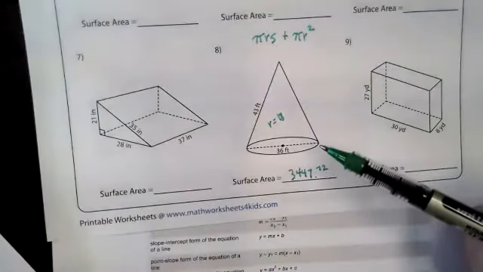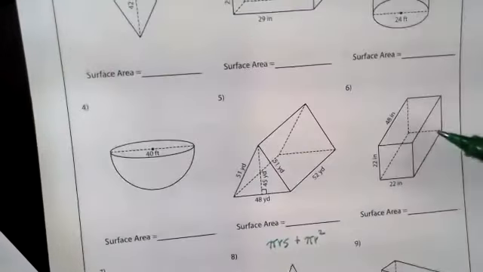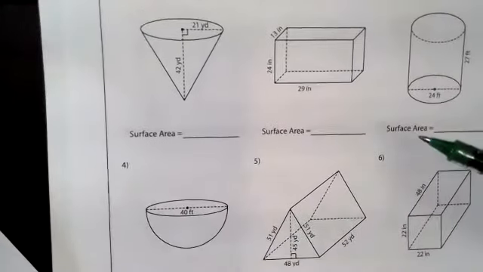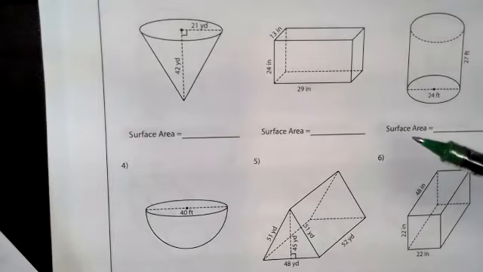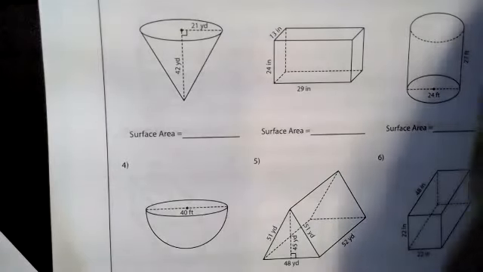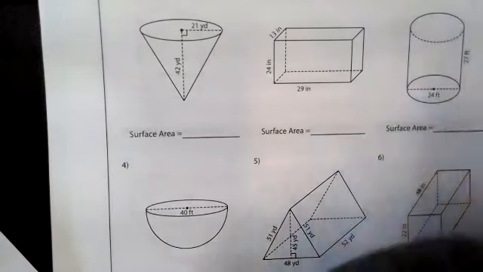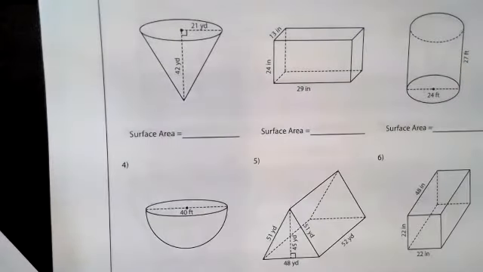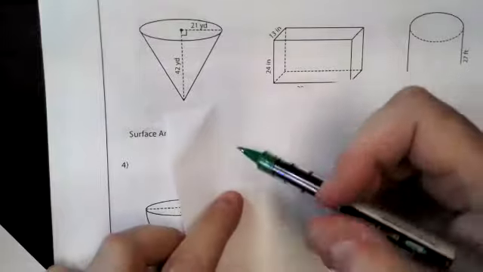All right, I'm going to show you a harder cone. It's not that it's harder per se, you just have more steps. Let me get a piece of paper. So here, same exact formula, and you'll see the difference in a second. Let me write the formula down.